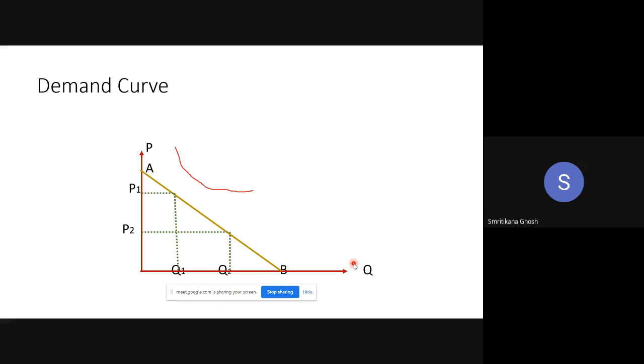Due to some devastation, a natural calamity, the price of potato was increasing there.